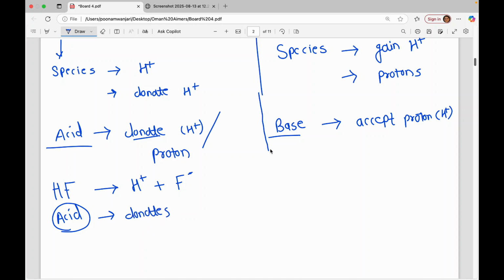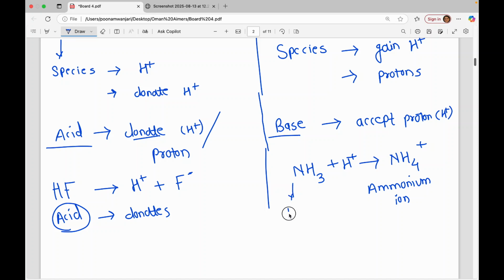Now if we take an example of a base, ammonia, when we add H+, there is formation of the NH4+ ion, that is the ammonium ion. So ammonia is a base and it can gain one proton and form the ammonium ion.